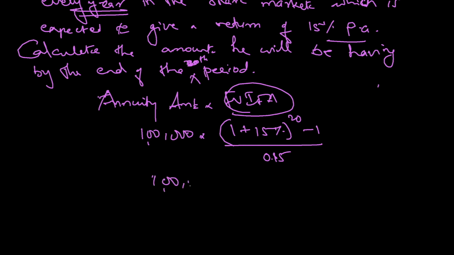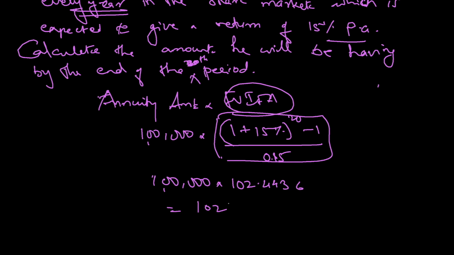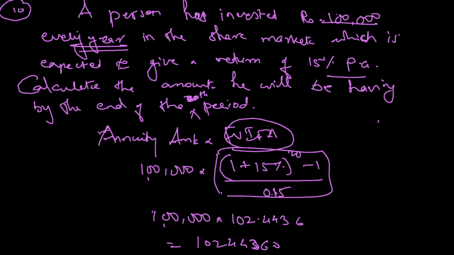Calculating this, the factor comes to 102.4436. So this is how easily I can do an annuity sum if I know the interest factor annuity formula.